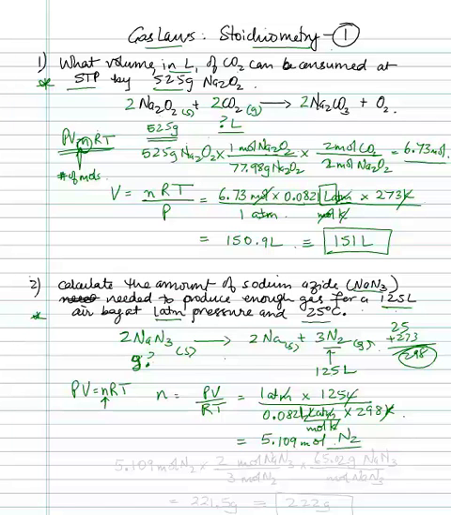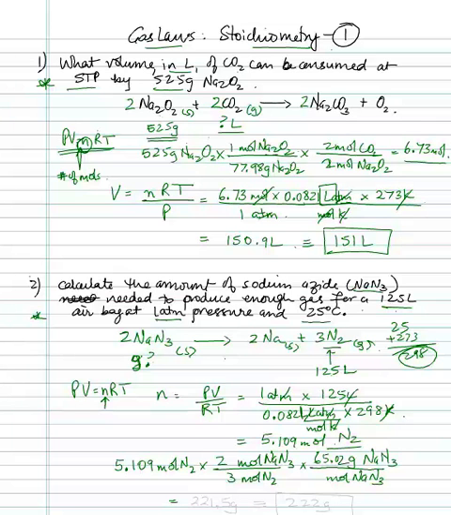Once we know the moles of nitrogen, now we can find out the moles of sodium azide, and then grams of sodium azide. Using the mole ratio, moles of nitrogen is 3 and moles of sodium azide is 2, and then convert the moles of sodium azide to grams of sodium azide, and the molar mass is 65.02.